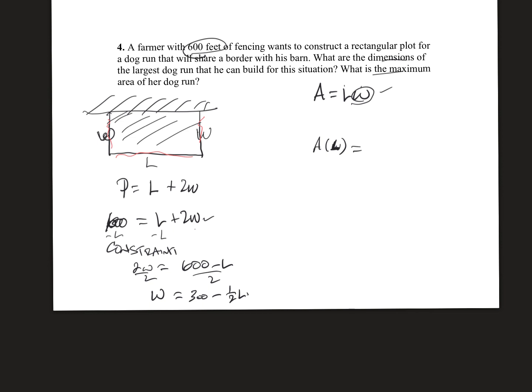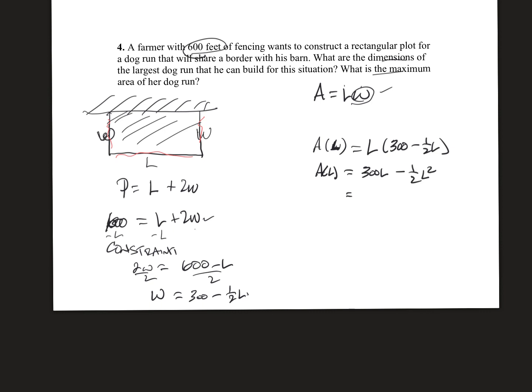So L is still what it is, but W is now 300 minus 1/2 L. And if we multiply that out, what we basically get is 300L minus 1/2 L squared.